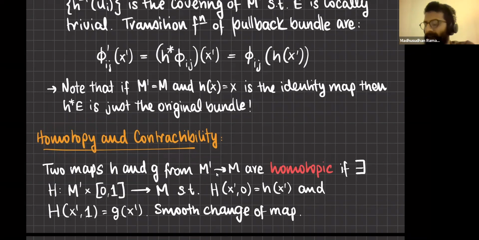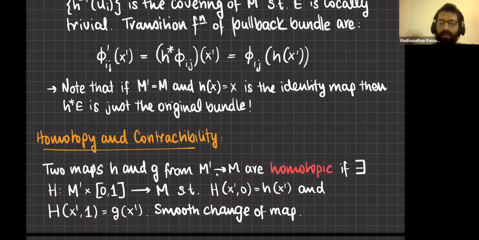We know that two maps H and G from M prime to M are homotopic if there exists a capital H, which is a map from M prime cross the unit interval to M, such that when we evaluate capital H at, let's call this coordinate t, at t equals 0, we get H, and at t equals 1, we get G.